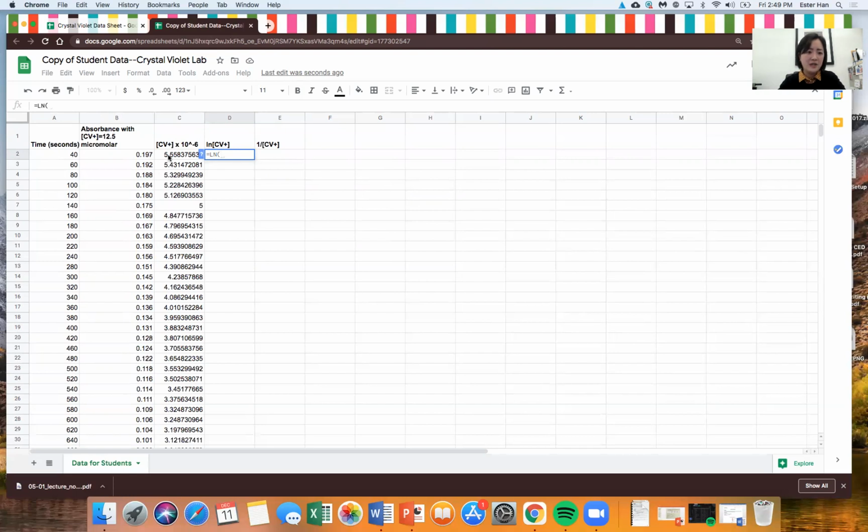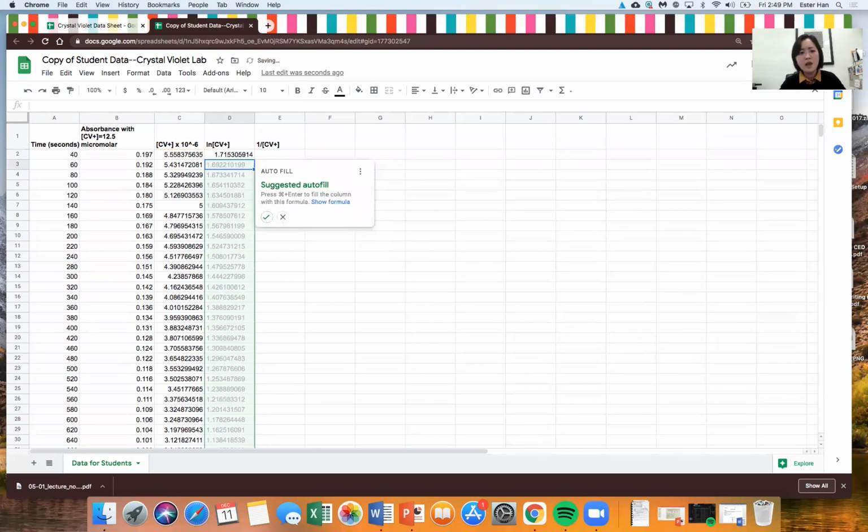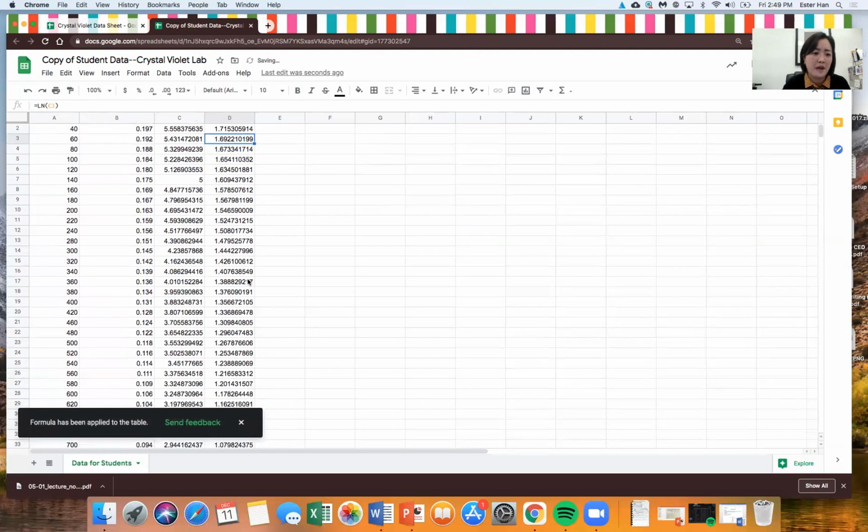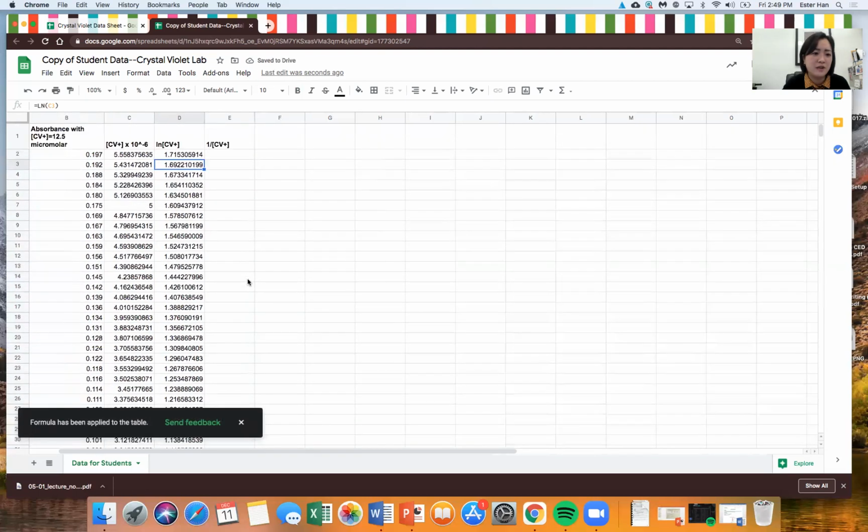For the parentheses, you want to take the natural log of the crystal violet concentration. So I'm going to click on cell C2, close it and hit enter. And you can see Google Sheets is going to do a suggested autofill for everything and I'm going to accept it. Because pretty much it is dragging and dropping that equation all the way down for you.